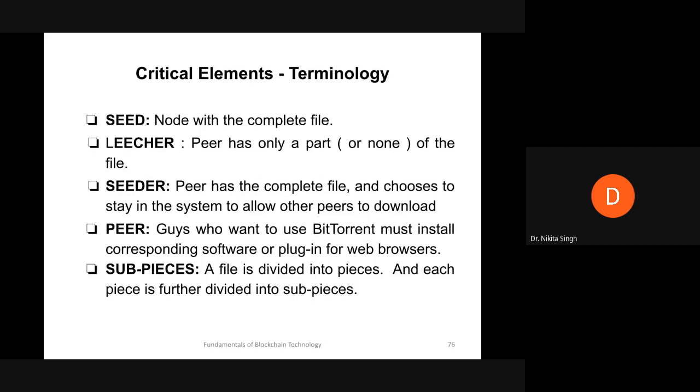So we have seen search, we have seen publish, we have seen join. Now we'll see how fetch happens. Fetching is downloading anything on the network. The entire focus of BitTorrent is on fetching, because we are going to spend a lot of time downloading the data.